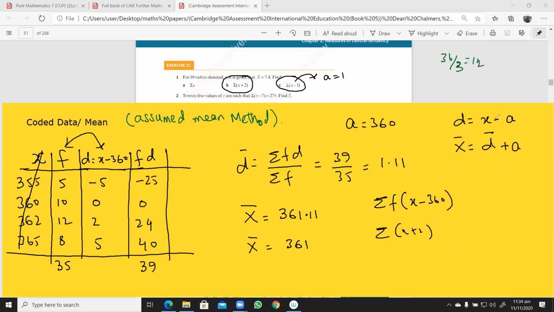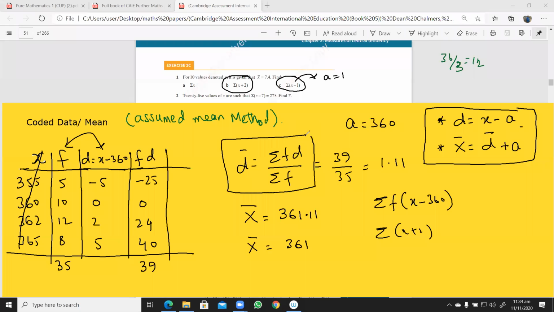Here you're taking out A from X, you're putting this A back into the mean so that you can get to the original mean. So remember these two formulas, okay? And this also works in the frequency distribution. If it works in the frequency distribution, then obviously this can work in the group frequency distribution as well.